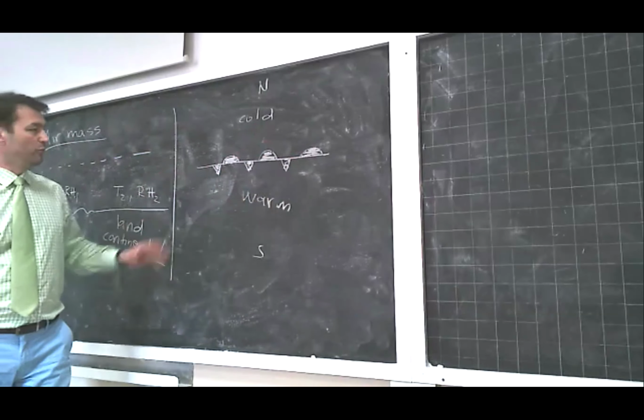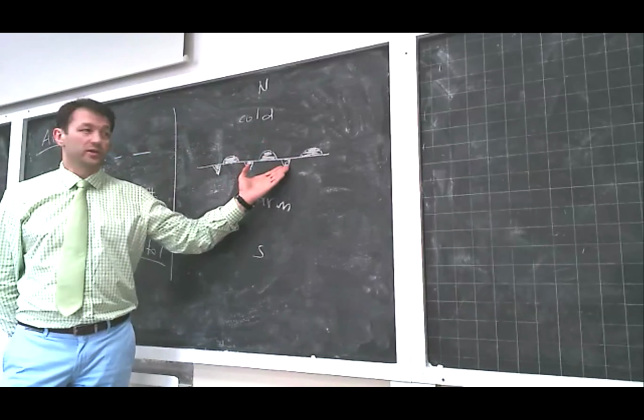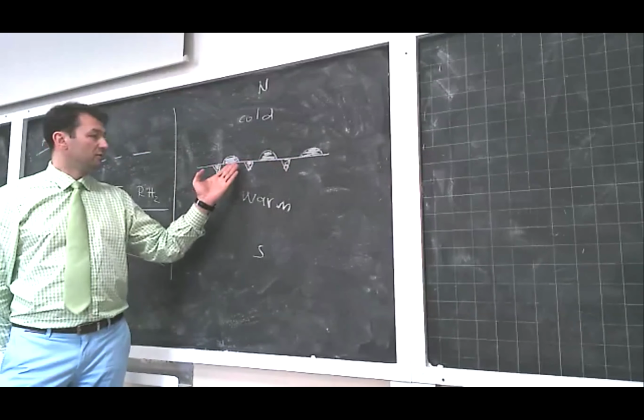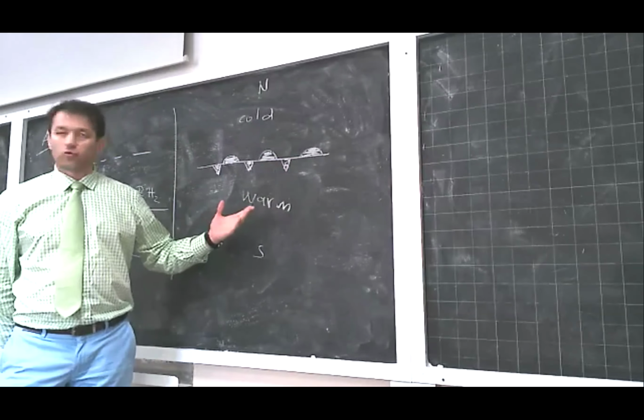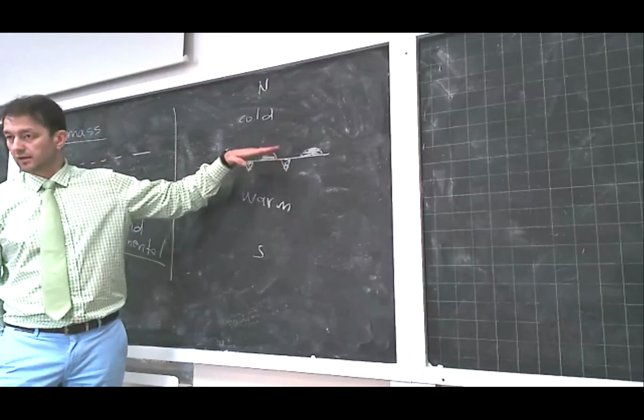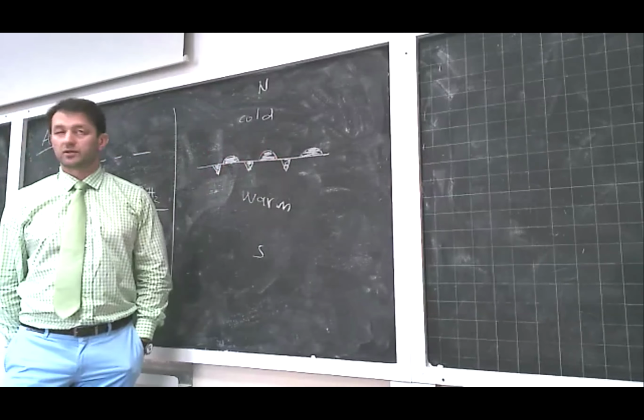Now, this is the nomenclature for a stationary front, and this indicates that neither of these air masses is moving. Of course, they are never completely not moving. Maybe they're oscillating a little. There is no pronounced movement.